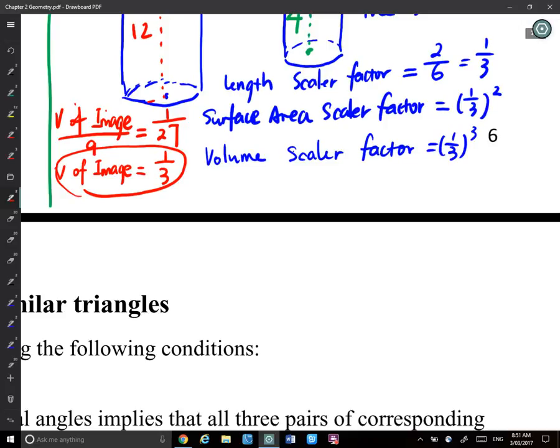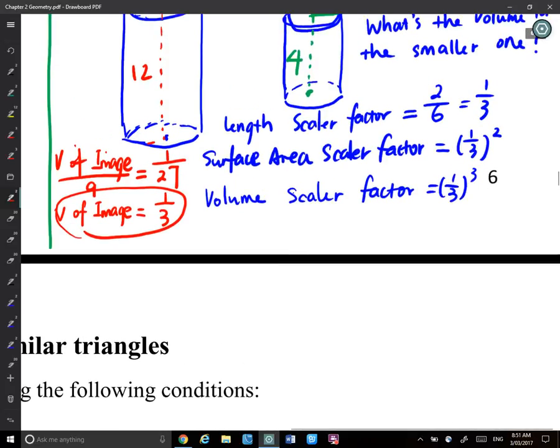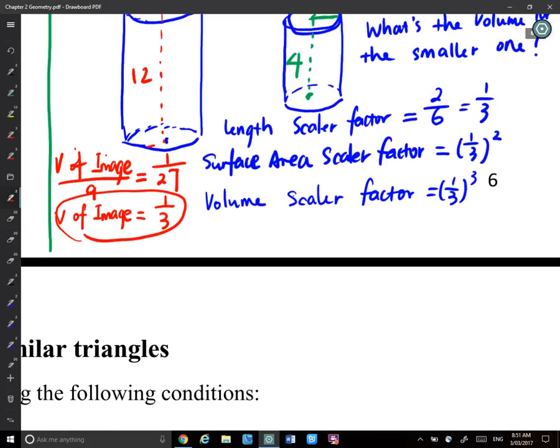We have different similar shapes and we talk about the scale factors, area factors, volume factors, and if we know one thing, we can know all the other things. If there's no problem, can you have a look at the next question?